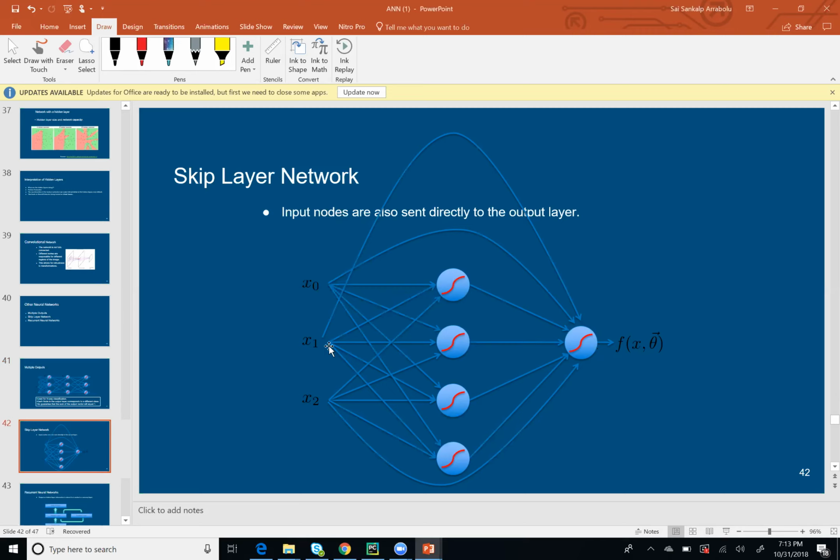Let's say this feature is the language, which language it is. Even the first layer needs that feature, and the second layer also needs it. It takes this feature in the first layer, takes the output of that, and this input is given directly to the second layer also. So this is called a skip layer network. These solve different problems, but it is good to know what it is.